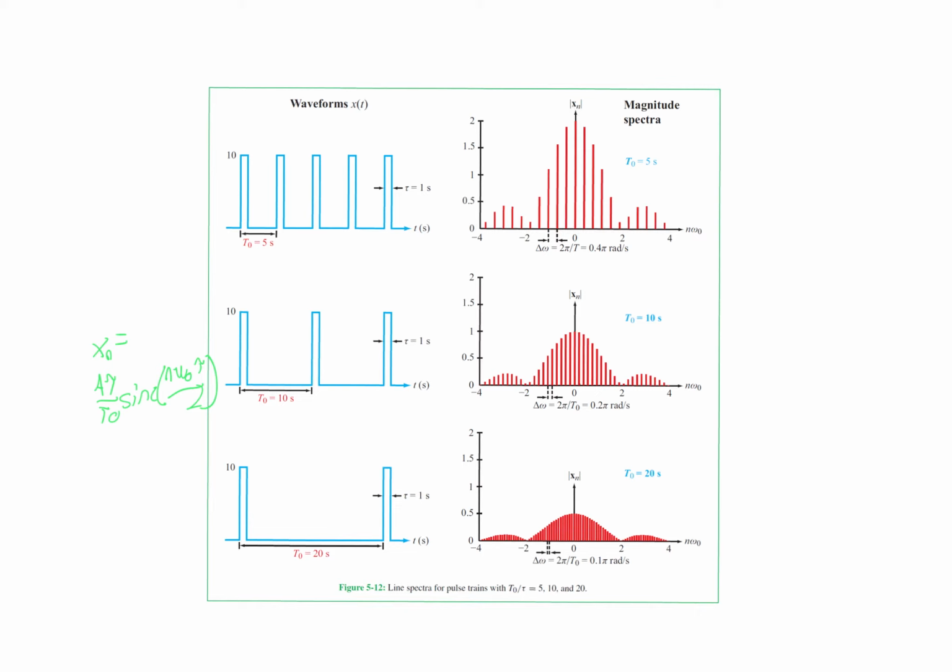And at the multiples of 4, they'll actually be exactly 4 times smaller than the original, because all that's changed is t0. If omega naught goes down by a factor of 4 and n goes up by a factor of 4, this is exactly the same, and all I've done is scaled it down by 4, and then I've interpolated at 3 other points in between. So that property is going to carry through as we extend the Fourier series for these periodic signals into the Fourier transform for non-periodic signals.